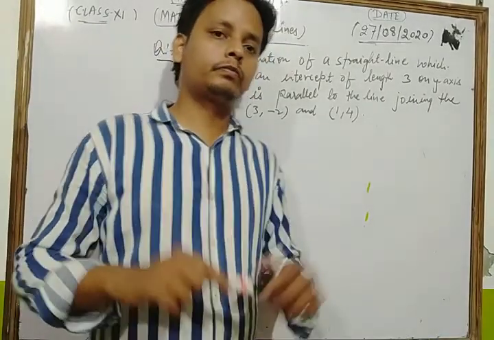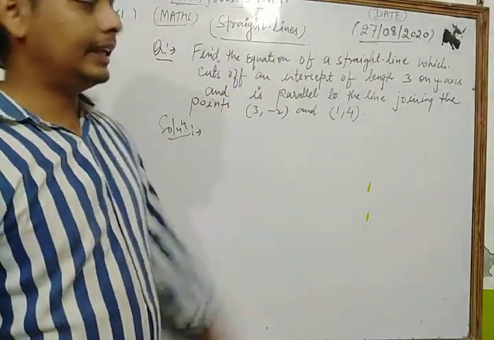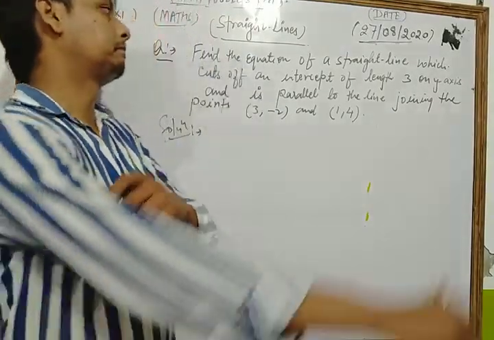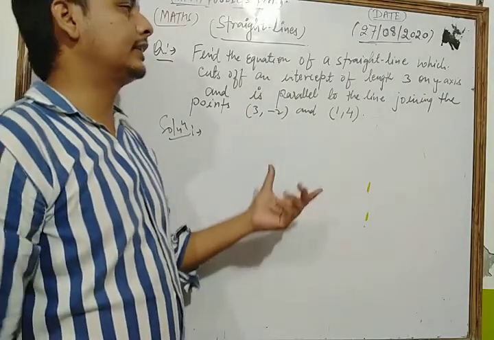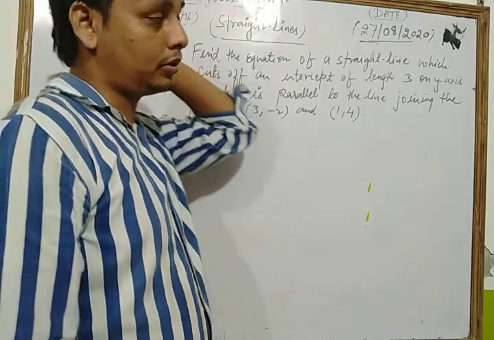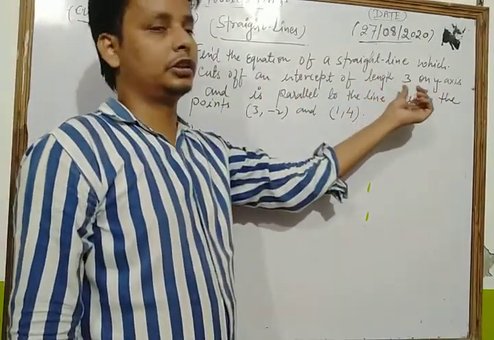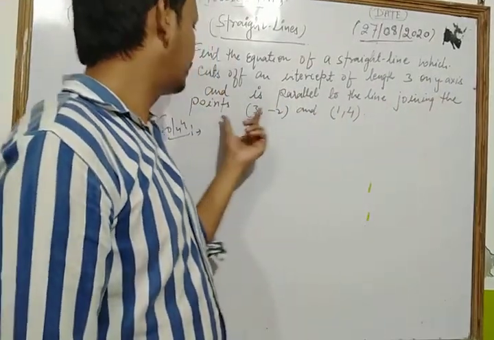Dear students, look, in that question we have to find the equation of a straight line which cuts off an intercept of length 3 on the y-axis and is parallel to the line joining these two points.